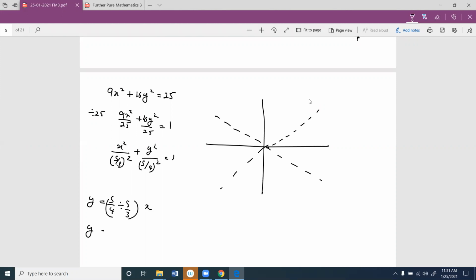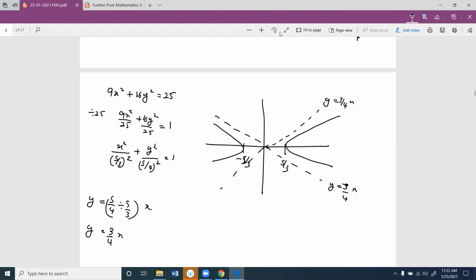That is y equals 3 over 4 x, and this is y equals minus 3 over 4 x. Then you can draw the graph somewhere like this, and this value is a. a is this bit, 5 over 3, and this is minus 5 over 3. So that's a way of getting the answer for this kind of question.